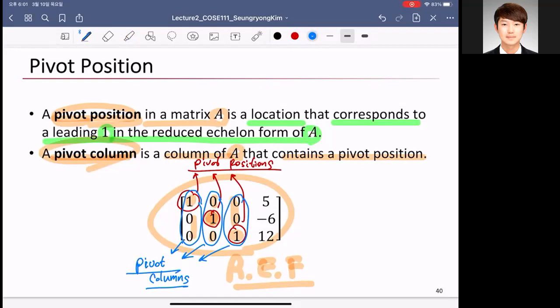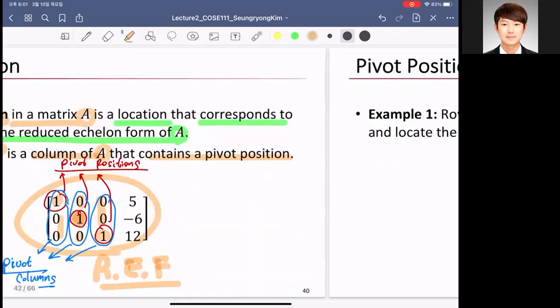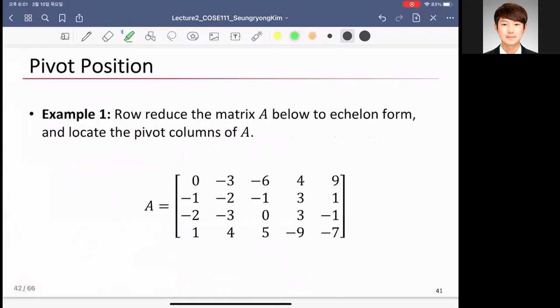Okay. Question so far? Question 어렵지 않죠? Okay. To understand this one in detail, I'd like to show you one more example.